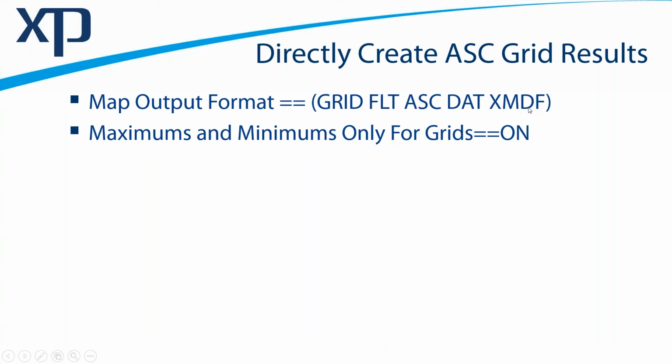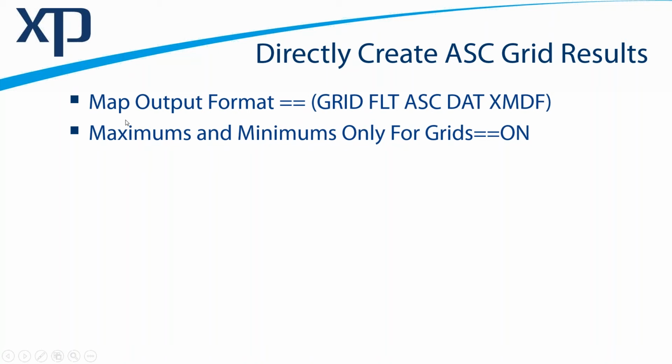The default is XMDF file. I believe it was the 2014 version or 2013 version where we switched from DAT files to XMDF files, but it's also possible to make grids, binary float files, and ASCII grids.